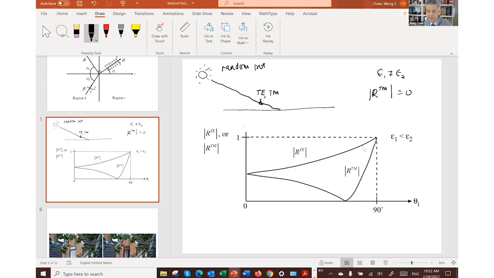But because the TM reflection coefficient is always smaller than the TE reflection coefficient, after being reflected, the wave becomes predominantly TE, because the TM polarization has been mitigated by absorption by the surface of the Earth.